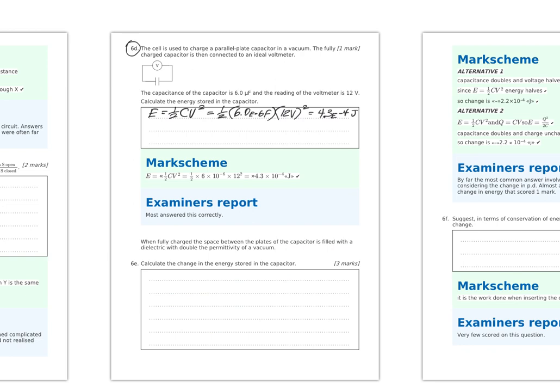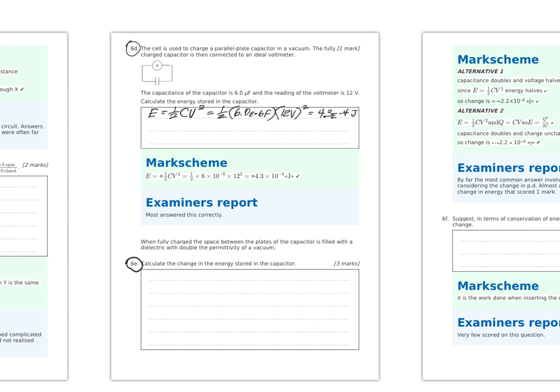6E. Now it says fully charged, a dielectric is stuck in there, which has double the permittivity of vacuum. The original cell was in vacuum, so now we have a dielectric with double the permittivity of vacuum. And it says, what happened to the energy in the capacitor?